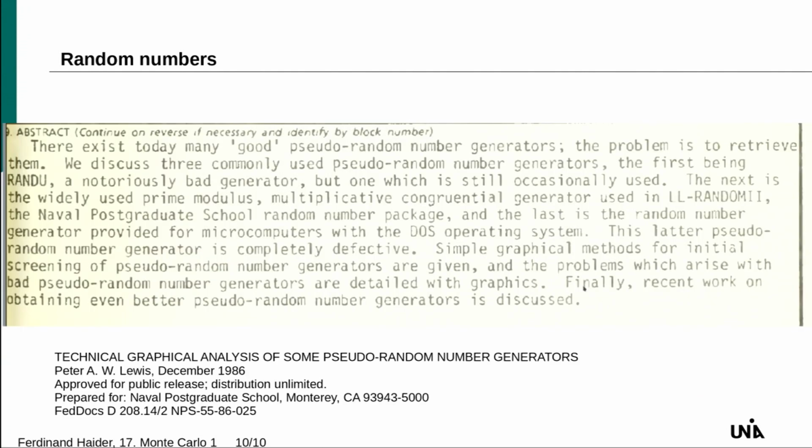And here's another article, not that old, from 86. In this paper they discuss the pros and cons of different random number generators. The one I showed here is this multiplicative congruential generator. There are other ones which work fine as well.